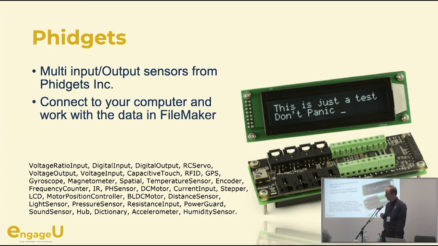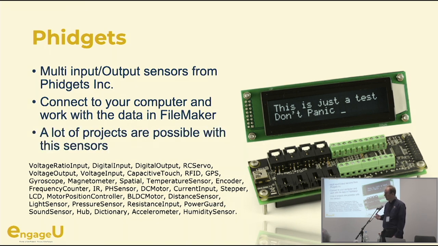You can connect on Mac and Windows to whatever devices are connected, with USB or Bluetooth, and then do things like build your own weather station, or have some code in your FileMaker script to set a signal to a digital port, and then this triggers maybe your garage door or whatever. I mean, a lot of things are possible for automation.